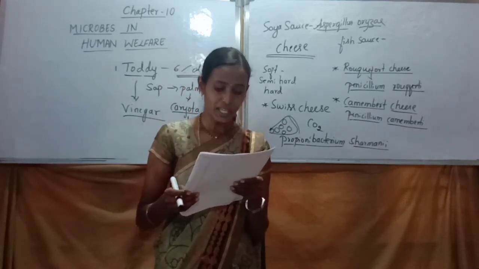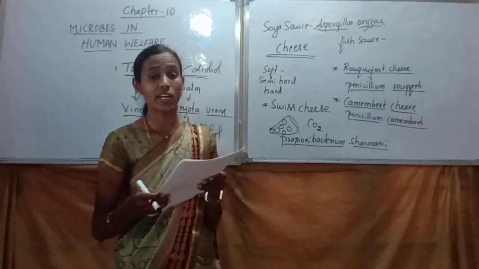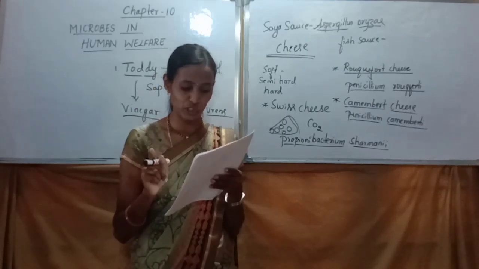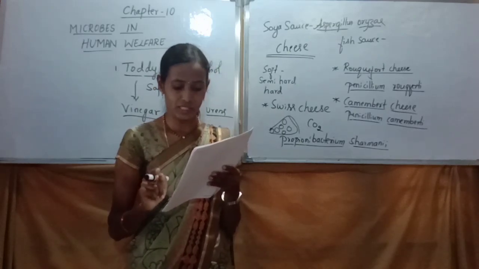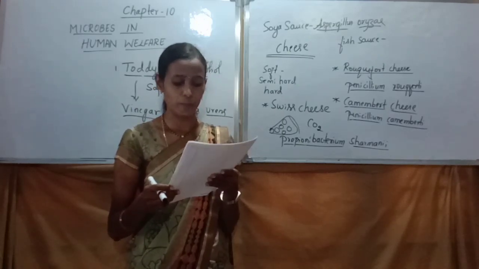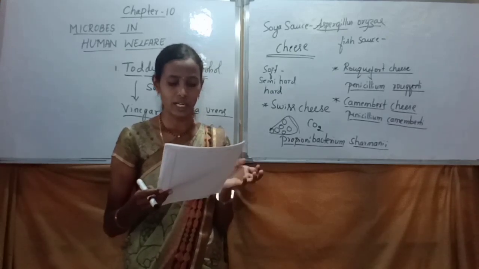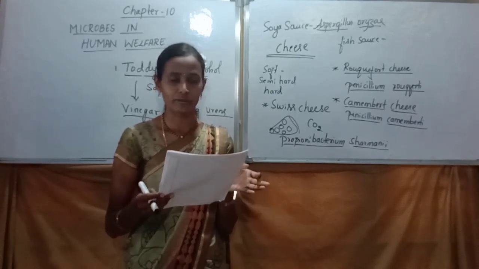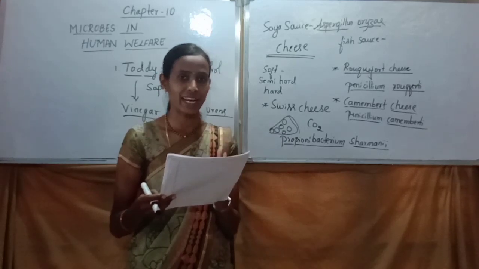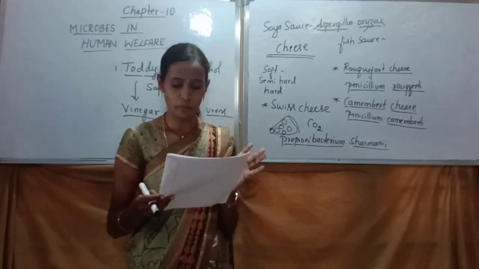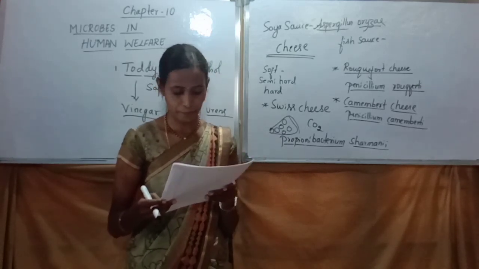And the next question, the microorganism used in curd formation. Option A, Aspergillus. Option B, Saccharomyces. Option C, Lactobacillus. Option D, Penicillium. You know that mainly during curd formation, Lactobacillus or lactic acid bacteria are involved. So option C, Lactobacillus, is correct.